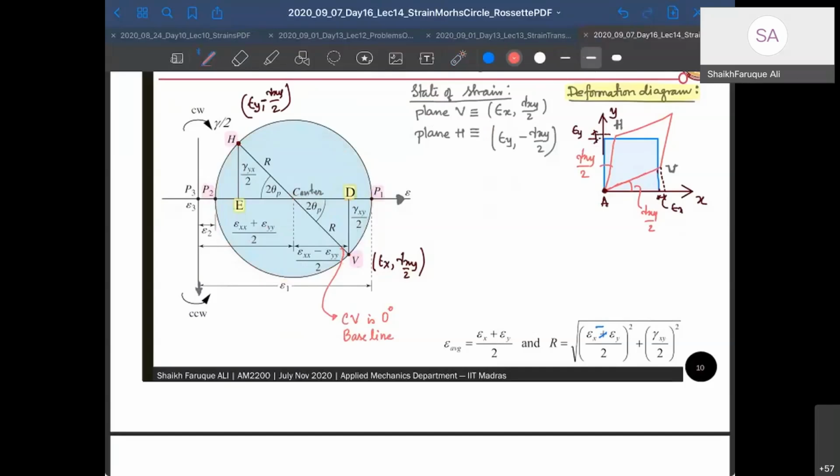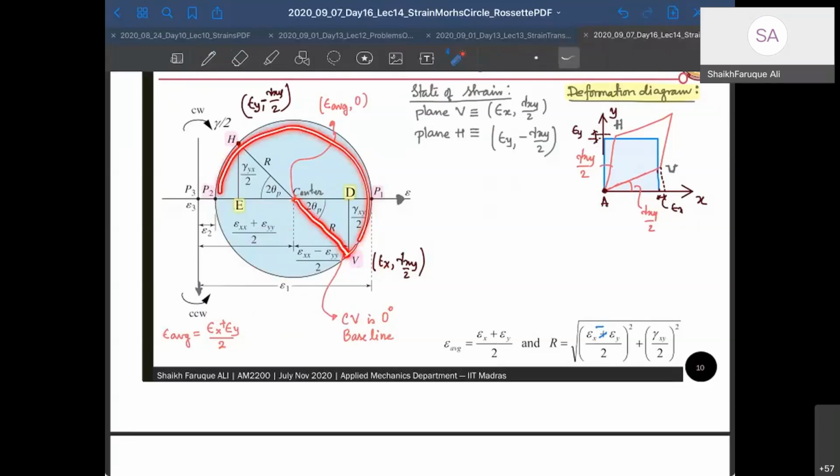The center is the average, so this point is C. What is epsilon average? Epsilon x plus epsilon y by 2. So that's my center. This is going to be epsilon x minus this, and you can draw the circle.